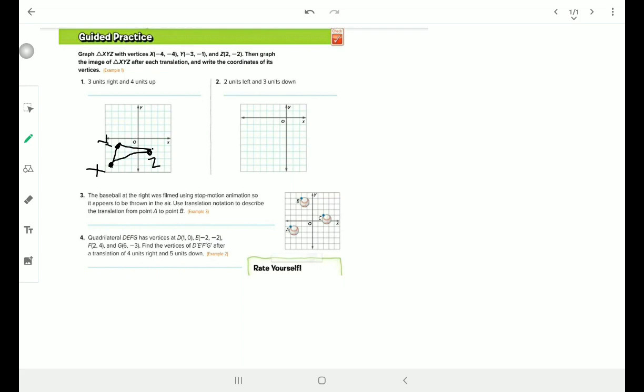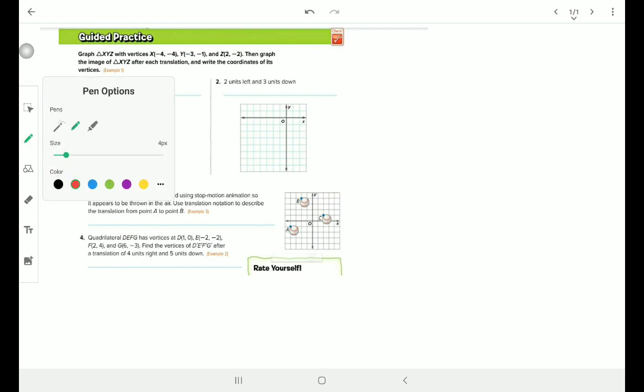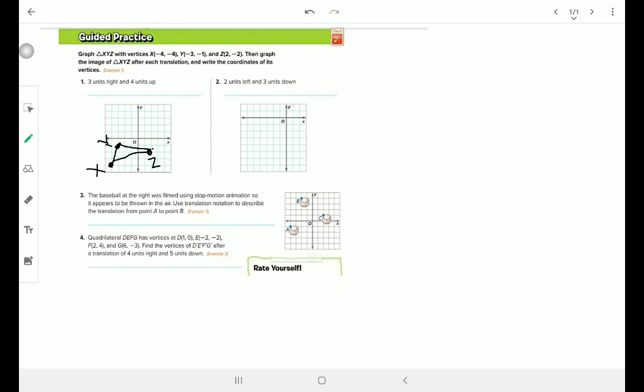And then it says, graph the image of triangle XYZ after each translation and write the coordinates. So that means this triangle is going to slide, and on number 1, notice it says 3 units right and 4 units up. So I'm going to choose a different color here. I'm going to start with X, and it's going to go 3 units to the right, so 1, 2, 3 to the right, and then 4 units up.